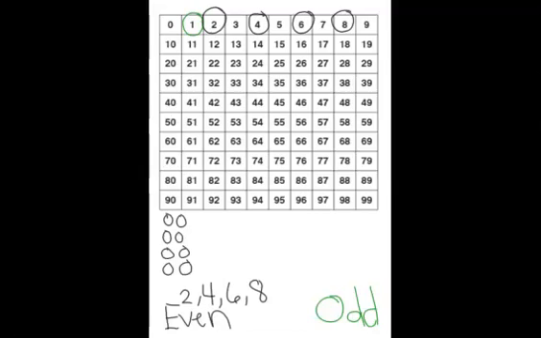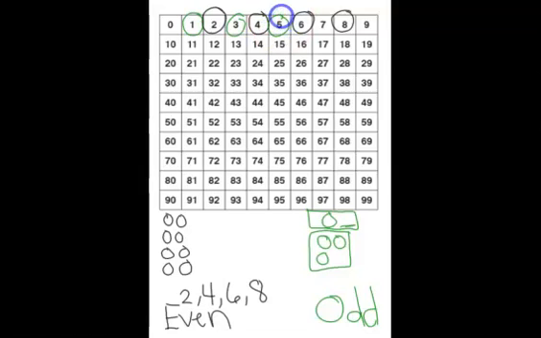And what about the odd? We said 1, because there's no partner there, right? There's no partner. And if I have 3, 1 has a partner, but the other one doesn't have a partner, does it? So 3 is an odd number.